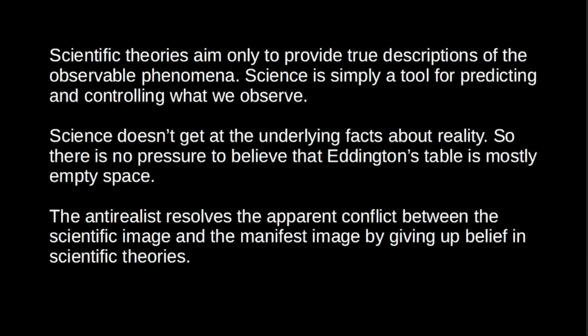We can be agnostic about the claims that those theories make beyond what is directly observable, beyond what is perceived by the human senses. So, as far as a constructive empiricist is concerned, science doesn't get at the truth about the underlying structure of reality anyway. Science is a tool. It's a very powerful tool, but it's only a tool for predicting, controlling, and systematizing what we observe, what we directly perceive.